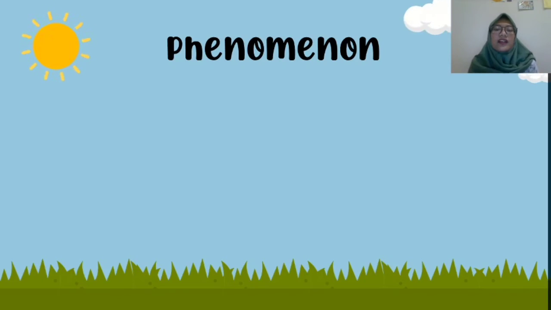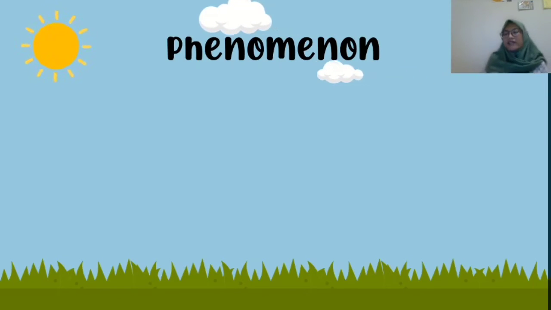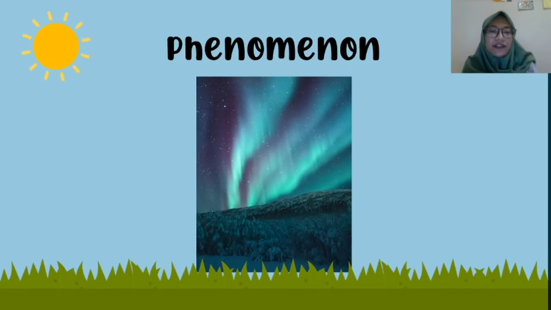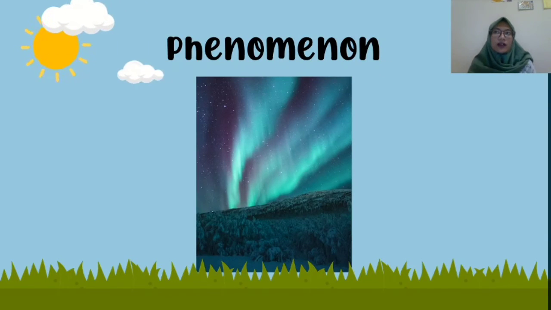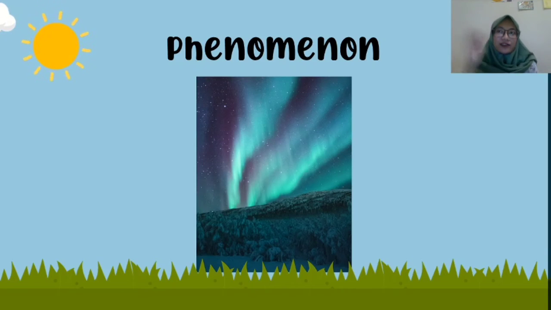And then the phenomenon of magnetic fields in our daily life. The first is the aurora. The aurora happens at both of the Earth's poles, in the south and the north.